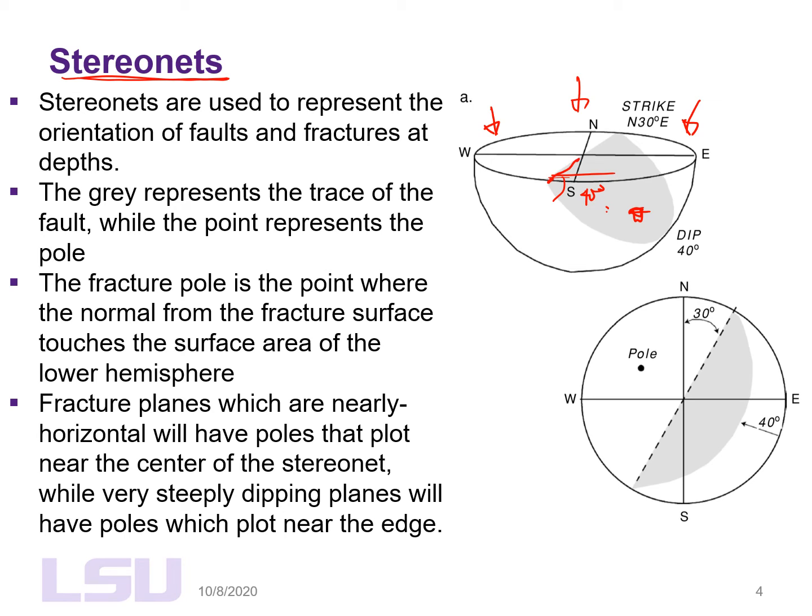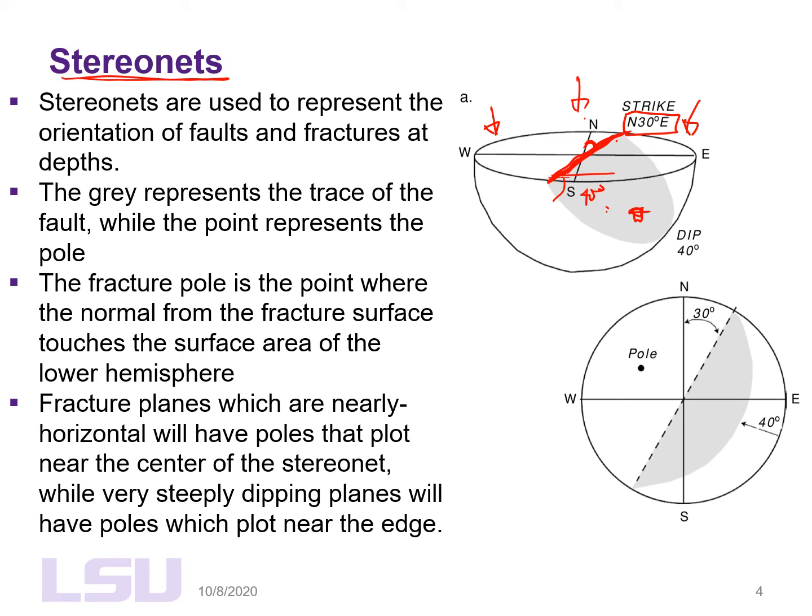So this is precisely the strike. So that's the line the fault plane will make with the horizontal. So that's the strike, and this is the strike angle, right? It's northeast 30 degrees.